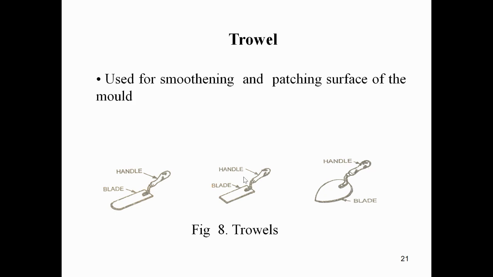This trowel is used for smoothing and patching the surface of the mold, and this one is used for cleaning the surface of the molding sand.